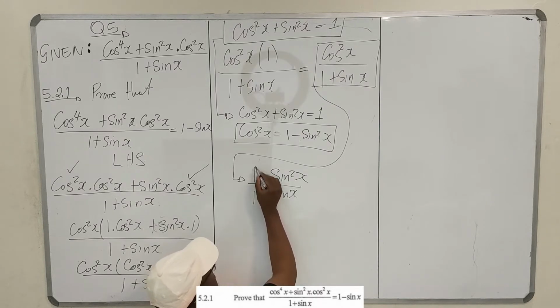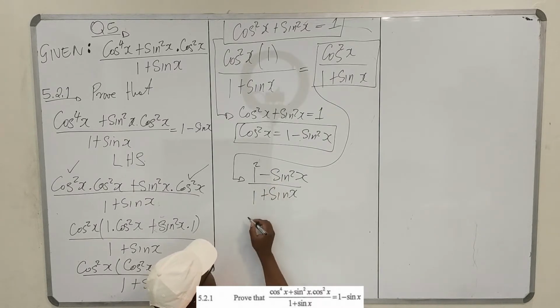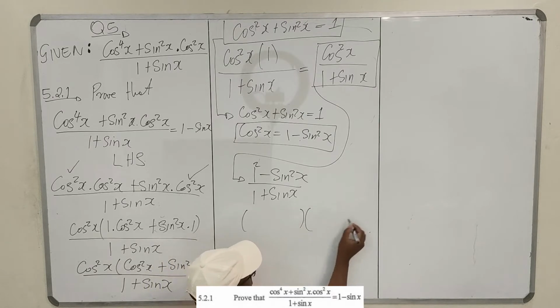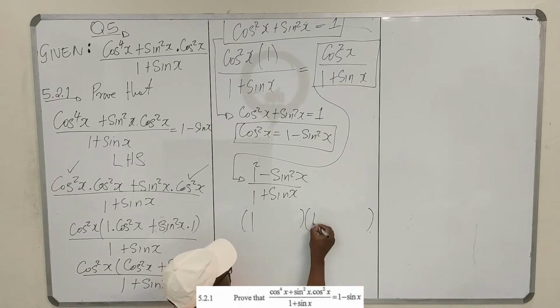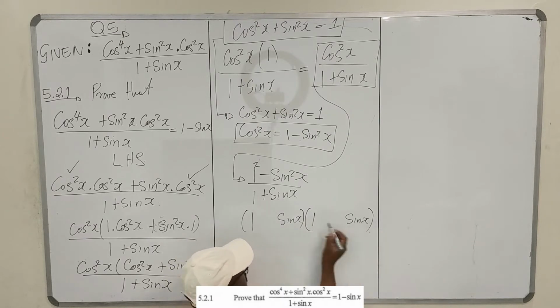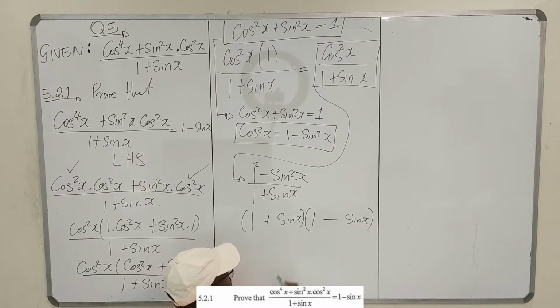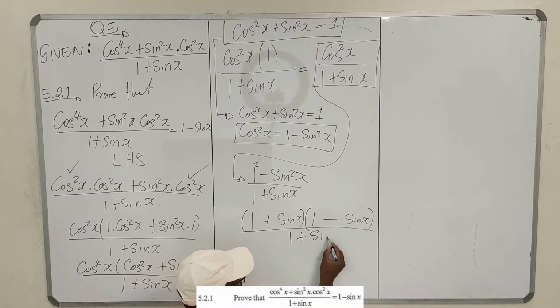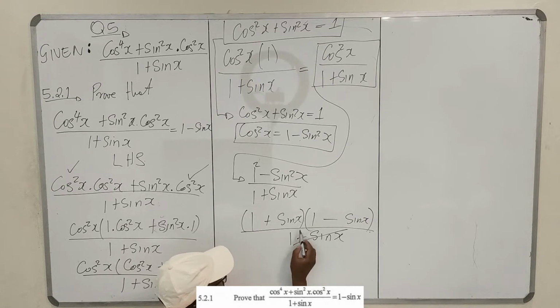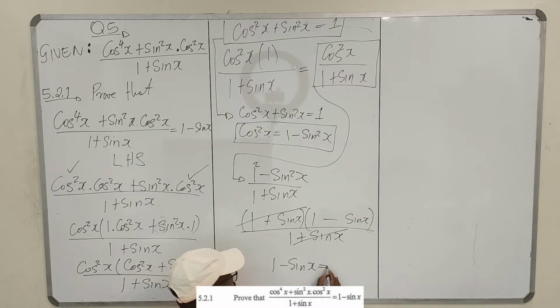You can see that this is more like 1 squared minus sine squared x, so it's a difference of two squares. So you have 1 plus sine x, and 1 minus sine x, all divided by 1 plus sine x. You can see that this bracket and that cancel away, and you're left with 1 minus sine x, which is equal to the right hand side.